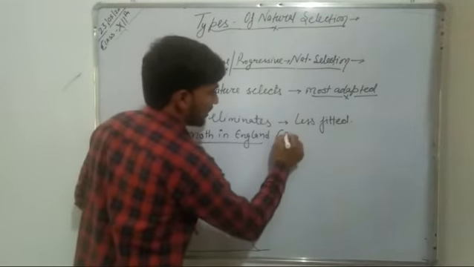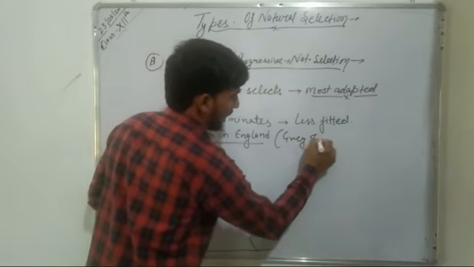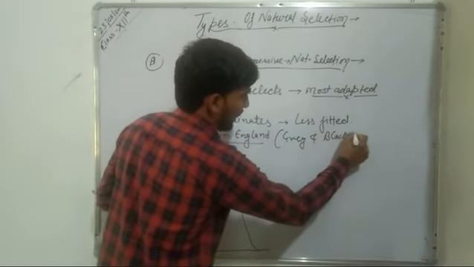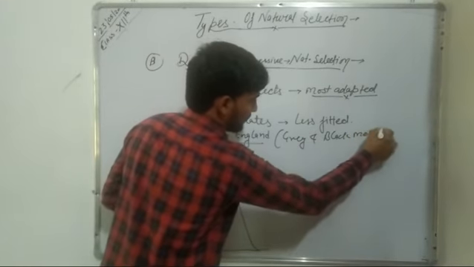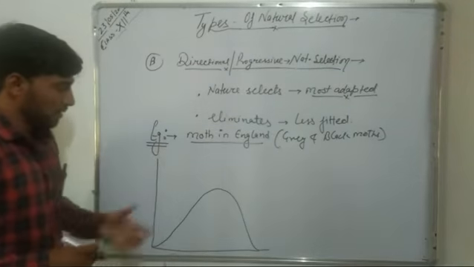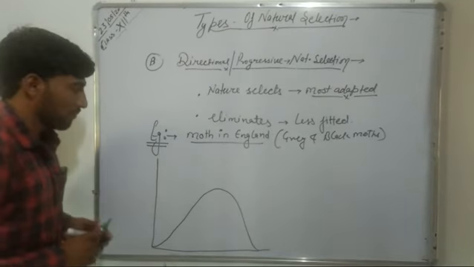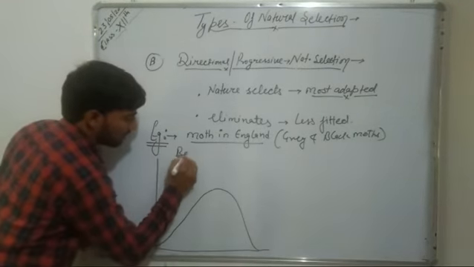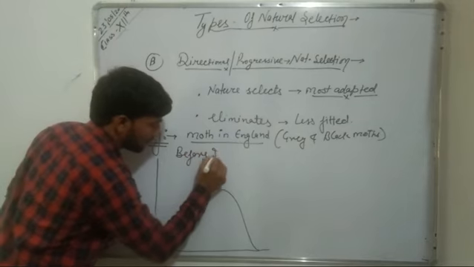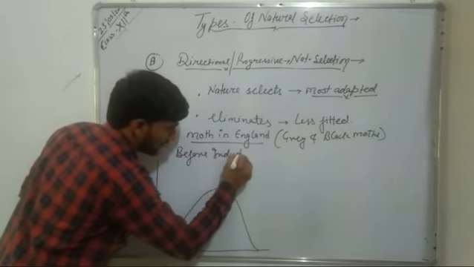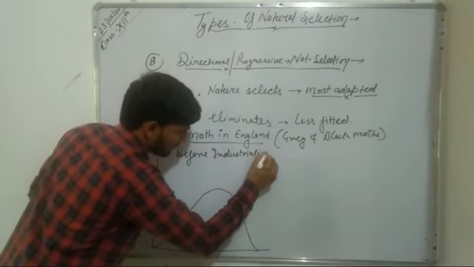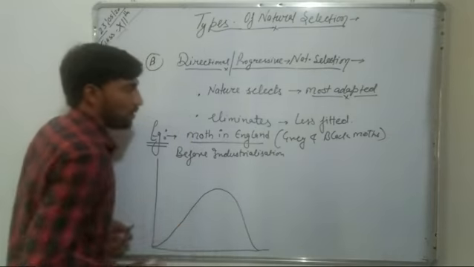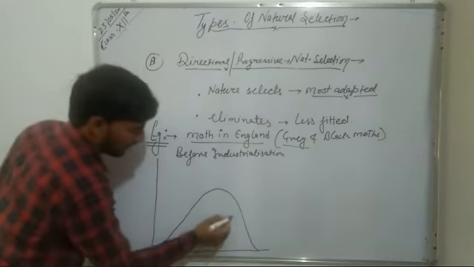So here we will discuss the grey and black moths. When industrialization had not occurred, that means before industrialization, the population of the grey moth was much larger.